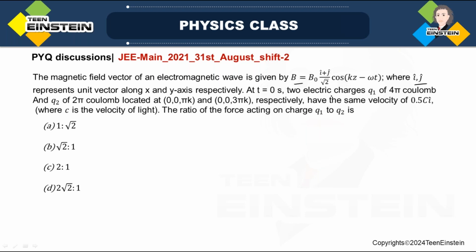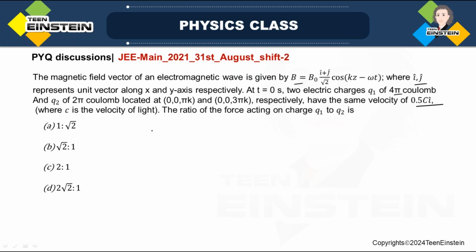At t equal to 0 second, two electric charges Q1 of 4 pi coulomb and Q2 of 2 pi coulomb, located at (0, 0, pi by k) and (0, 0, 3 pi by k) respectively, have the same velocity of 0.5 c i cap, where c is the speed of light. The ratio of the force acting on Q1 charge and Q2 charge is how much?